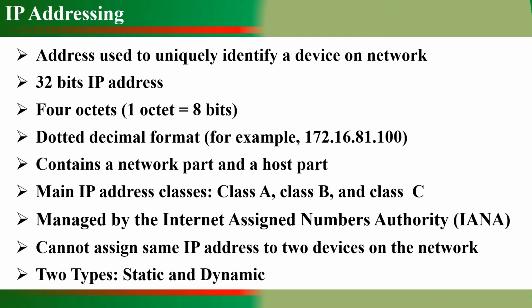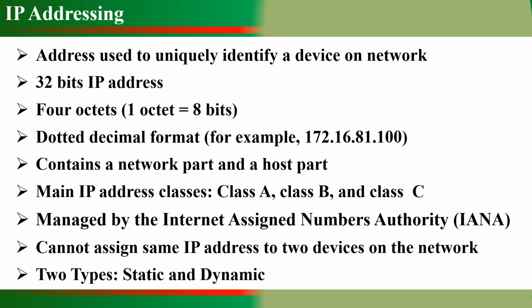And the second category is dynamic IP address. These are temporary IP addresses. These are assigned to a computer each time it gets connected to the internet. These are actually taken from a pool of IP addresses shared over various computers. A dynamic IP address is mostly assigned by DHCP, Dynamic Host Configuration Protocol.